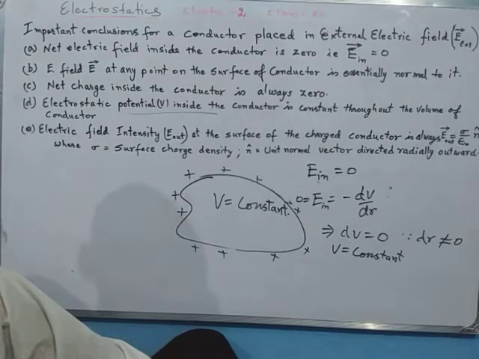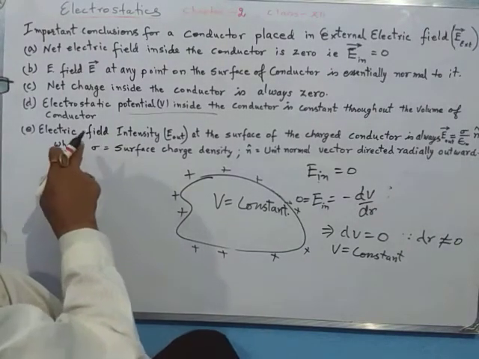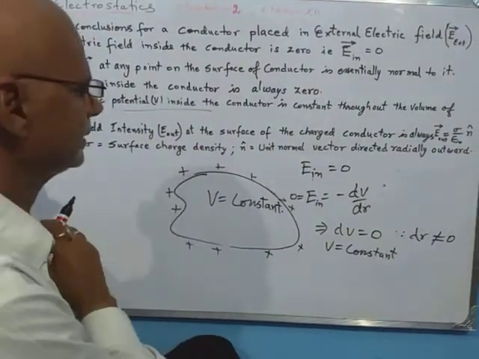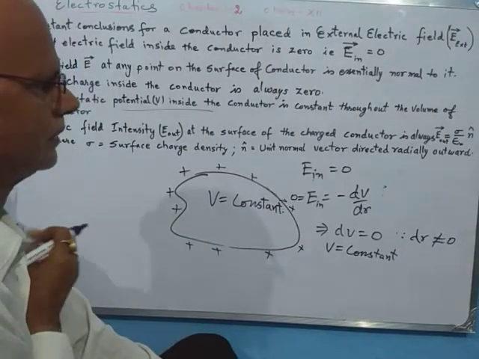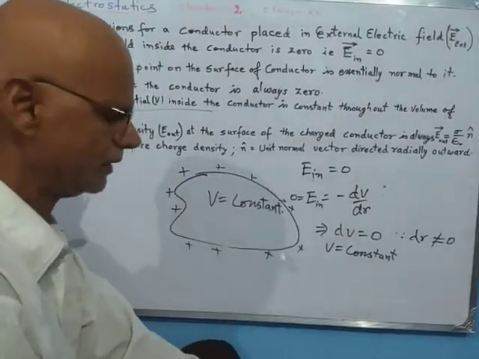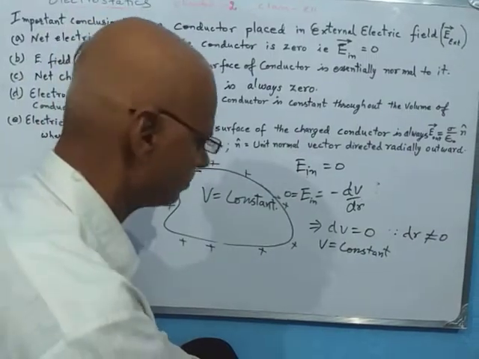Now the last thing is we have to show that the electric field intensity at the surface of the charged conductor is always given by sigma by epsilon naught times the unit normal vector n.